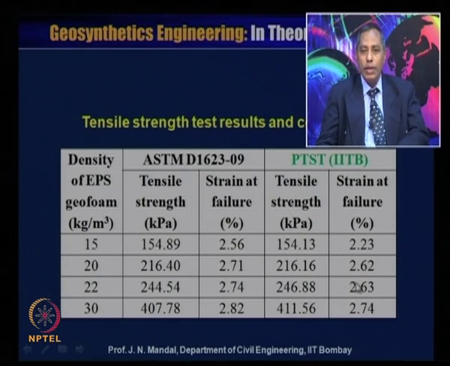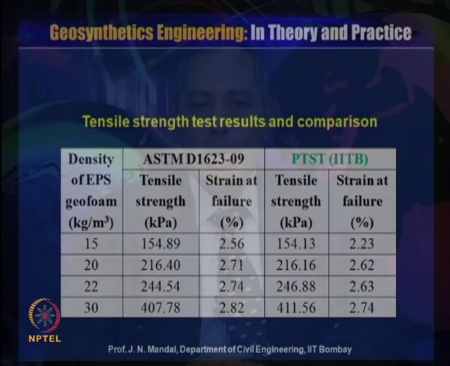So, you can see that a lot of similarity in the values of the tensile strength and the corresponding strain value has been obtained. The tensile strength value for the ASTM lies between 154.89 to 407.78 kilopascal, whereas for the proposed method the tensile strength value lies between 154.13 to 411.56 kilopascal, depending upon the density of the EPS geofoam.